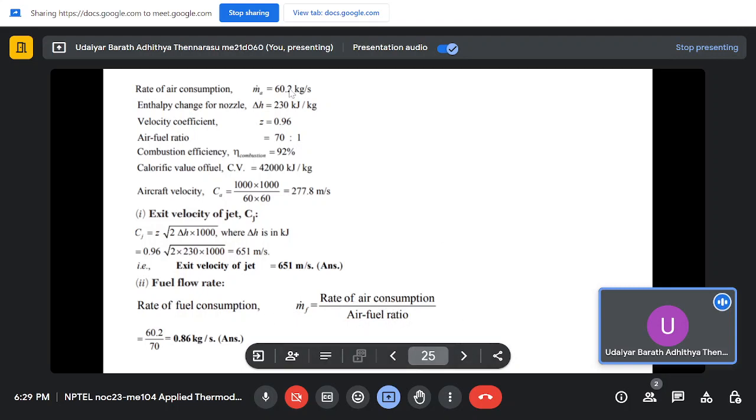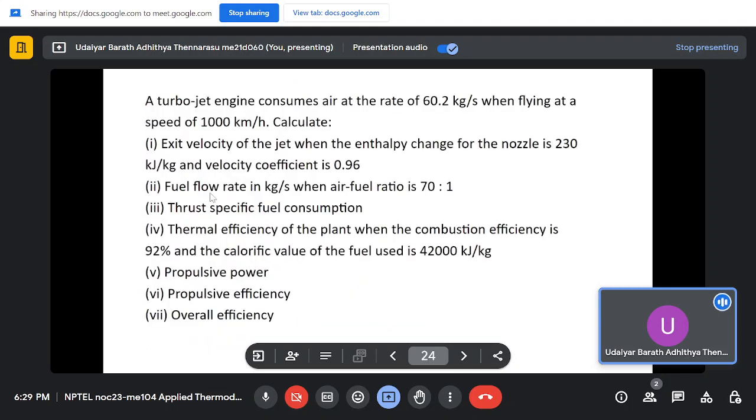So rate of air consumption is 60.2 kg per second. So divide by 70 for air fuel ratio. So this will come out to be 0.86 kg per second. So 0.86 kg per second is the rate of fuel consumption. So we have found out what is required in step 2.